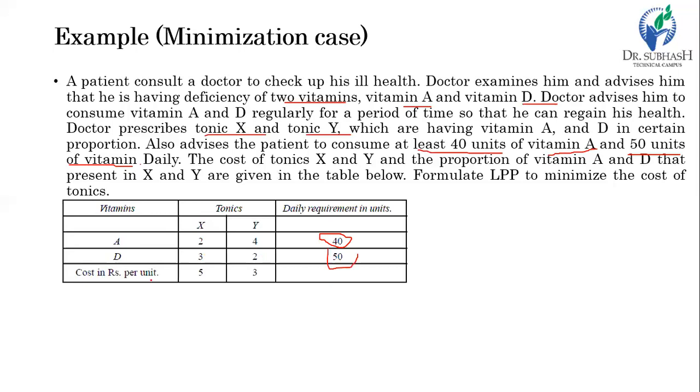And regarding cost, 1 unit of tonic X is 5 rupees, and tonic Y is 3 rupees per unit.